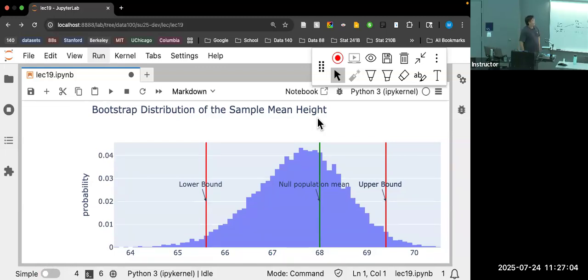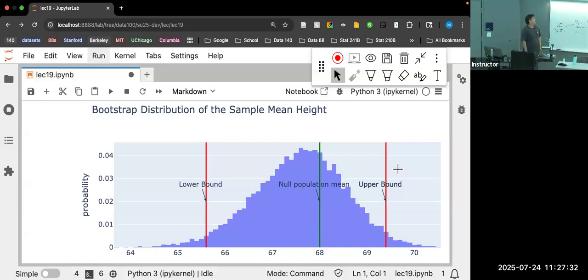So what that means is that it is possible to end up with a bootstrap distribution like this if your true population average is 68.